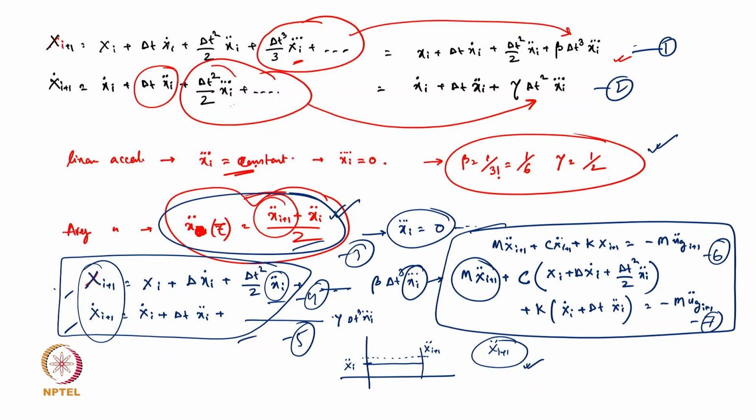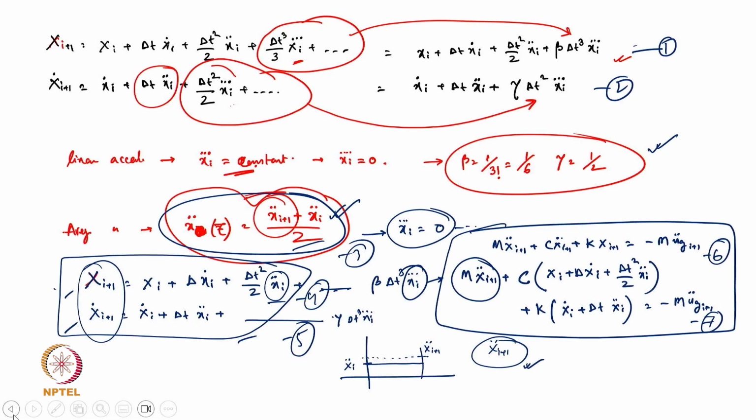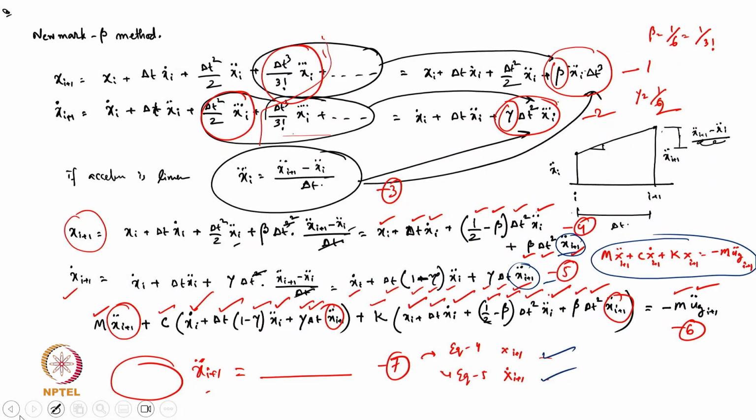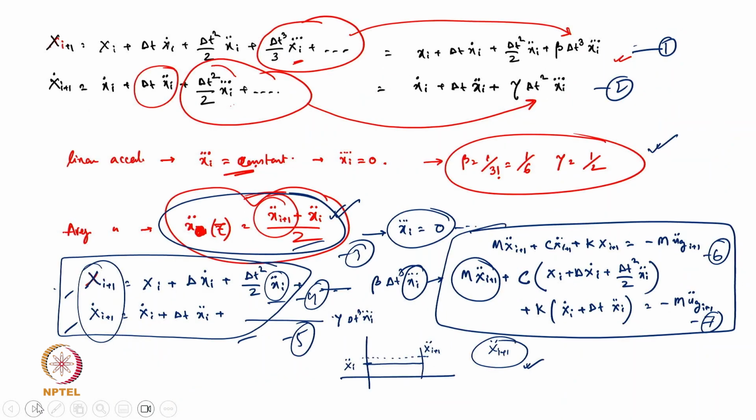So to make the average acceleration from this, what do we have to do? So let's see. Just a minute. Yeah, so that is the acceleration. Okay.